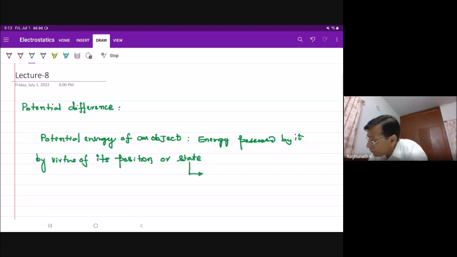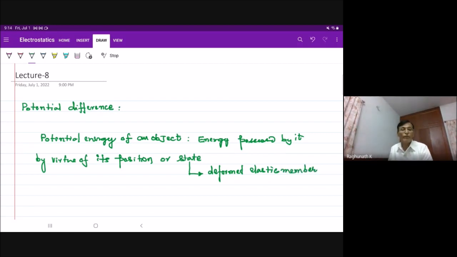At rest only, wherever it is, a deformed elastic member, a spring, for example. Position that you know. Very, very important for us.